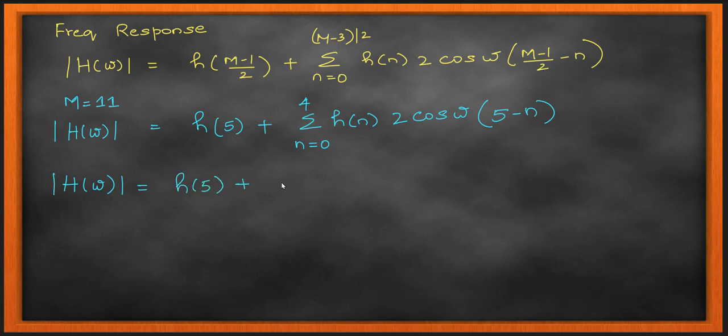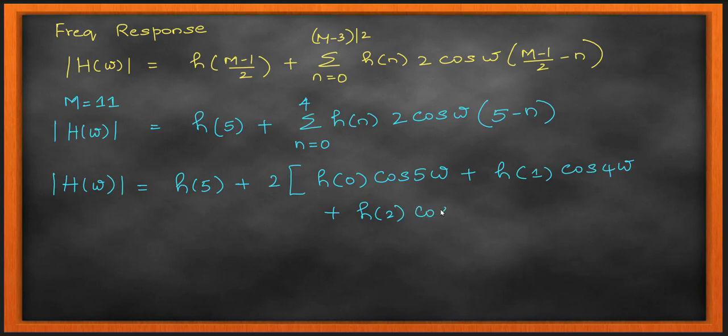I am going to get h of 0 cos 5 omega, h of 1 cos 4 omega, and so on. Excellent. So this is the form that I'm having.